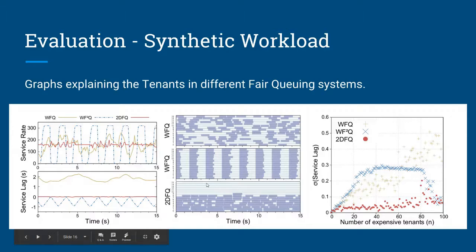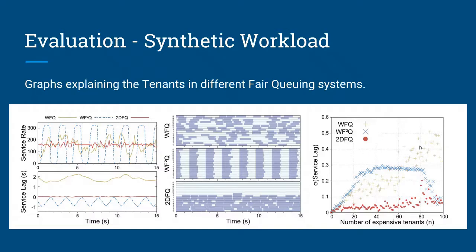Over here in the second graph, we are able to see shaded and non-shaded parts. It explains the thread occupancy over time, and the horizontal line represents worker threads. The shaded part indicates the worker is processing an expensive request, and the unshaded part indicates that it's a cheap request.